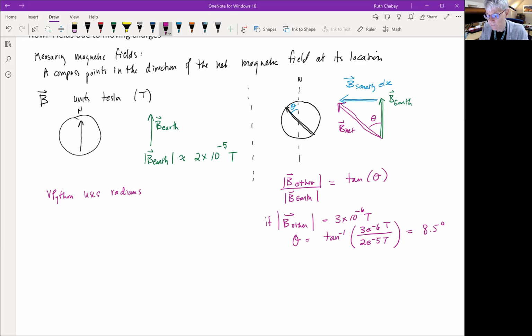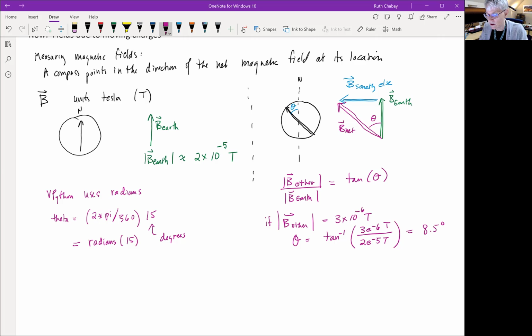You could do it this way: theta is equal to 2 times pi divided by 360 times 15 degrees. Or there's even a function to do that. You can just say it's equal to radians of 15 degrees.